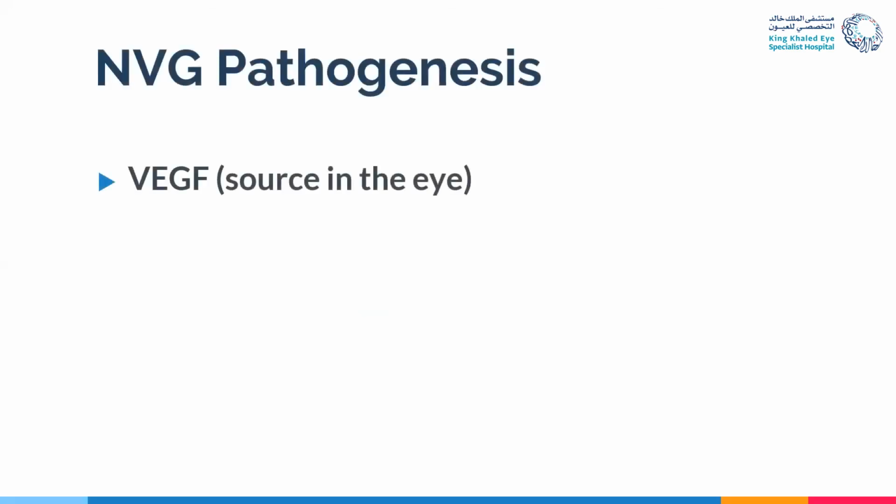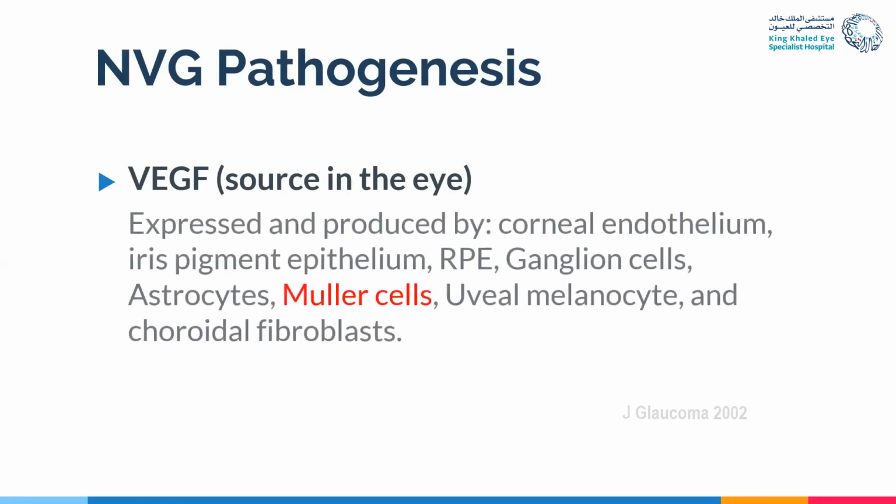So from where does this vascular endothelial growth factor come, or what is its source? Usually it's released from most of the intraocular tissues, expressed and produced by corneal epithelium, iris pigment epithelium, retinal pigment epithelium, ganglion cells, astrocytes, Müller cells, and uveal melanocytes, as well as choroidal fibroblasts.